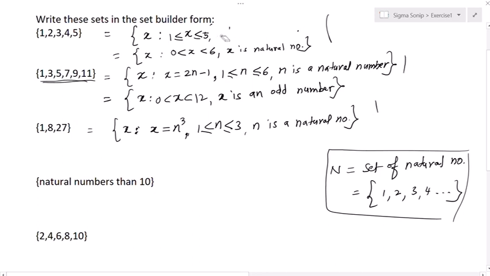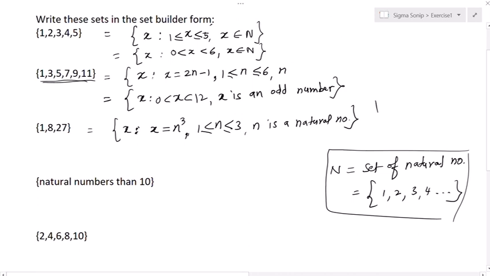So here I'm saying x is a natural number. I just need to say that x belongs to N, and there you go. Again, x belongs to N. Likewise, this makes things compact. n belongs to N. x is an odd number.